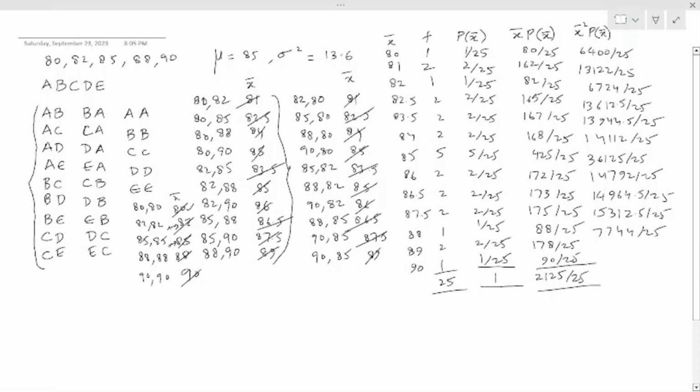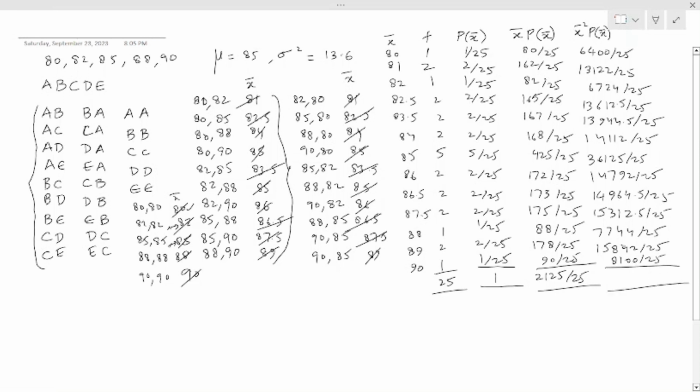Then we have 178 times 89, that's 15842 on 25. And the last one is 90 squared, which is 8100, so 8100 on 25.